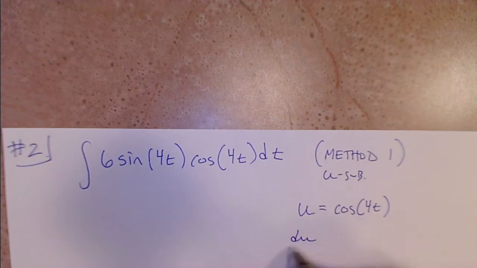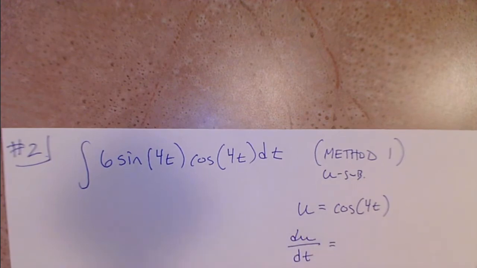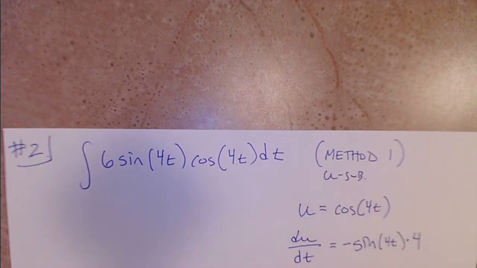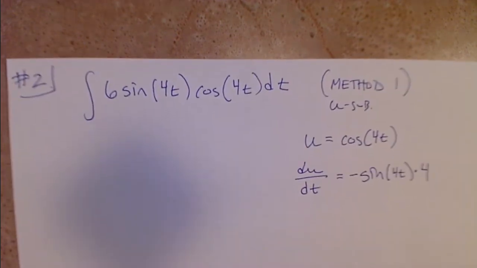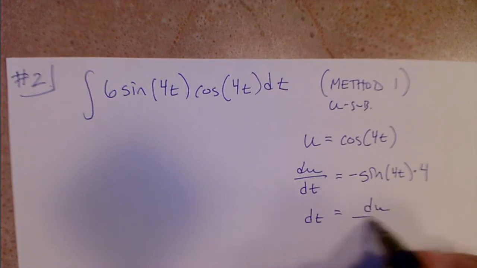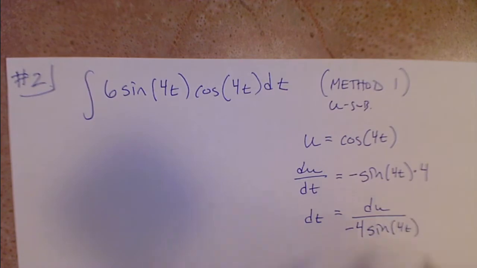The derivative of u with respect to t. Remember, the derivative of sine is positive cosine. The derivative of cosine is negative sine. So I get negative sine 4t, and then by the chain rule times the derivative of the inside bit, which is multiplied by 4. And so if I solve this for dt, dt equals du over negative 4 sine of 4t.